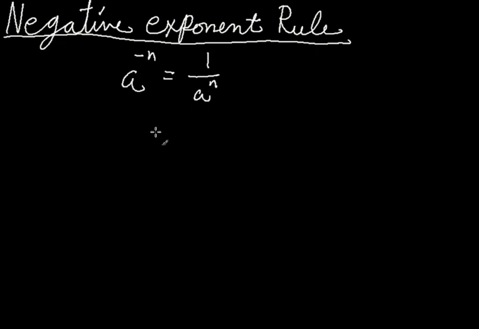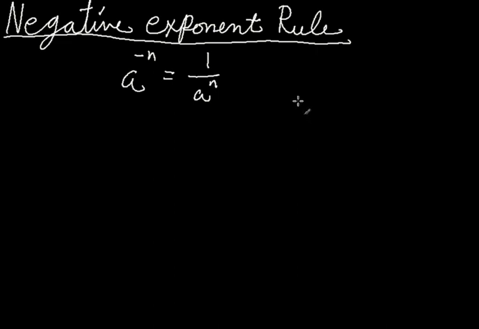So the negative exponent rule says that if you have a to the negative n, this is 1 over a to the n. Okay, well, what does that mean? You just flip it. Okay, you just flip the fraction, and then that will do it. Or said another way, you can take the reciprocal of it.